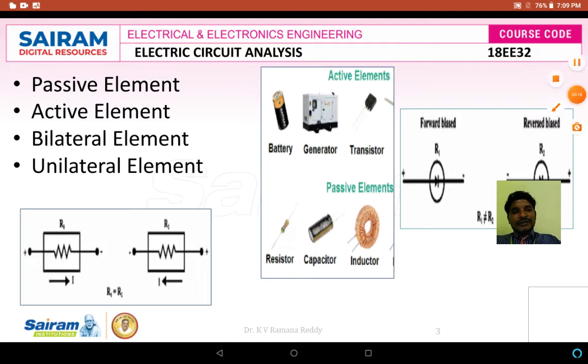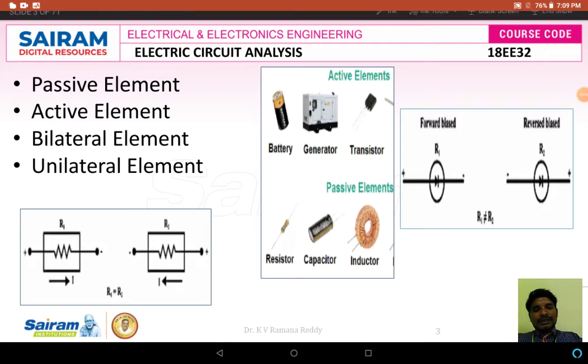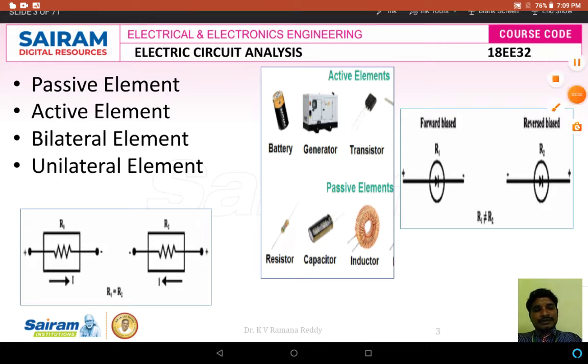When current is flowing through the resistor, it dissipates the electrical energy in the form of heat.